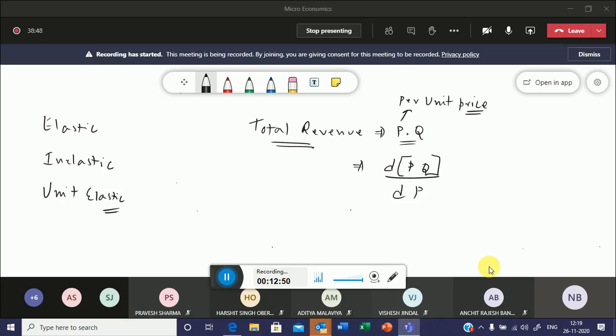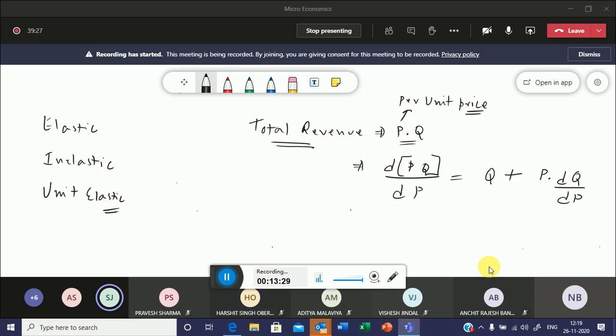So if I were to rewrite this, I can rewrite this as Q plus P times dQ over dP, because what is the formula for differentiation? First I am using dP over P, this becomes 1, so that gives me Q, and second I get P times dQ over dP. Okay, is that clear?